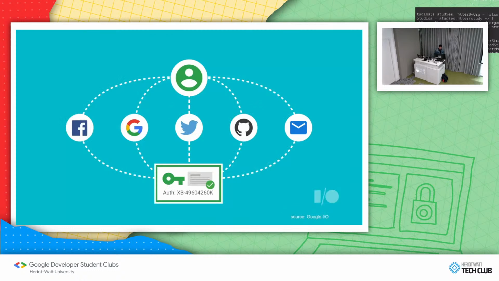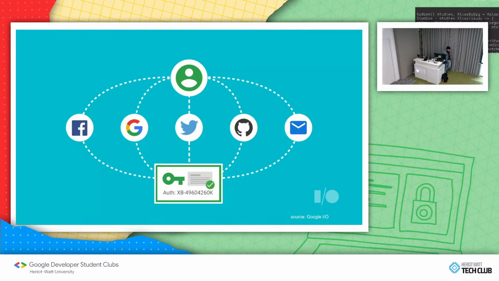So what's really cool about Firebase is that when a user logs in, it will give your user a particular authentication ID or UID, a unique ID. So one user has a particular unique ID linked to all the services they want to log in with.